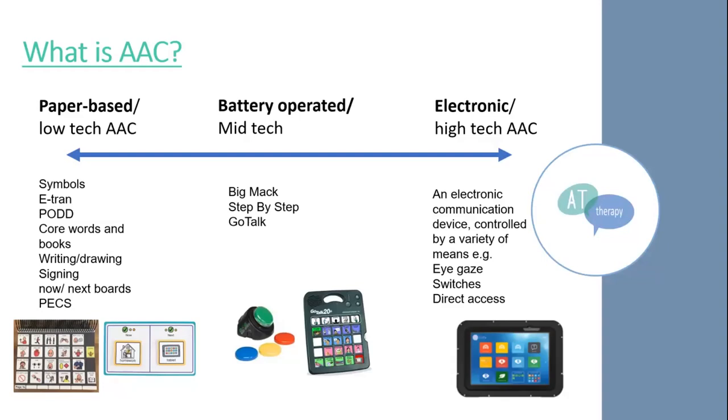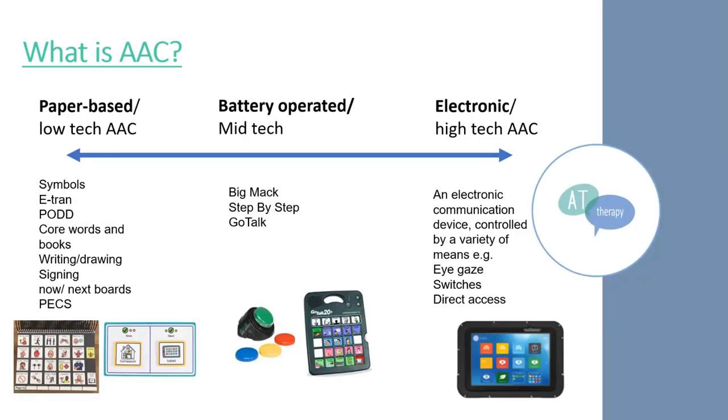The kind of things we mean when we talk about paper-based are things like symbols, and these might be individual symbols, or they might be used on an e-tran frame. They might be within a communication book, such as a PODD book, or one that's bespoke with maybe some core words. We might be thinking about core boards as well within the classroom.